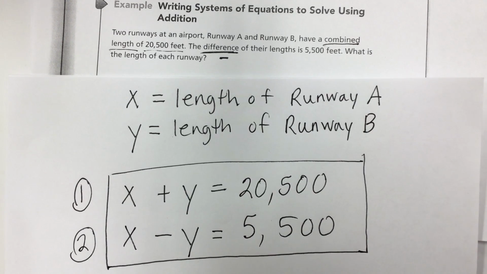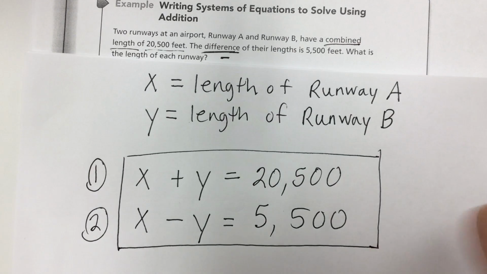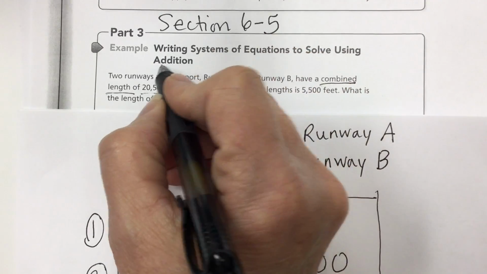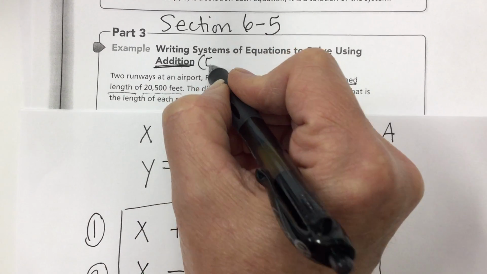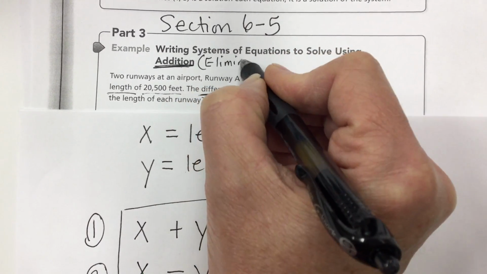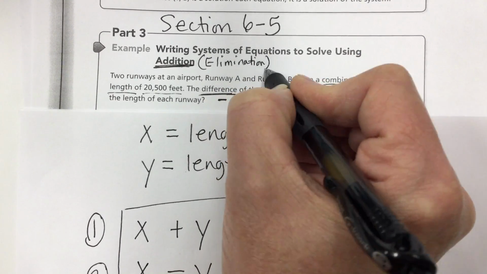Which method do we want to use? Do we want to use substitution or do we want to use elimination? Well, I would use elimination, which is also referred to as addition. So anytime you hear the word elimination, that's the same as addition.